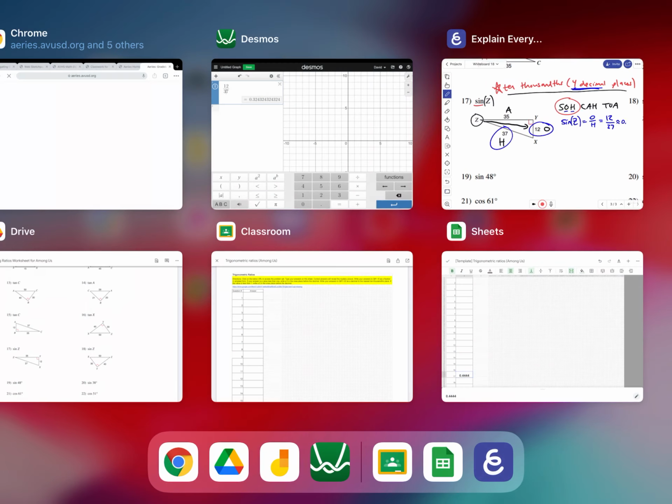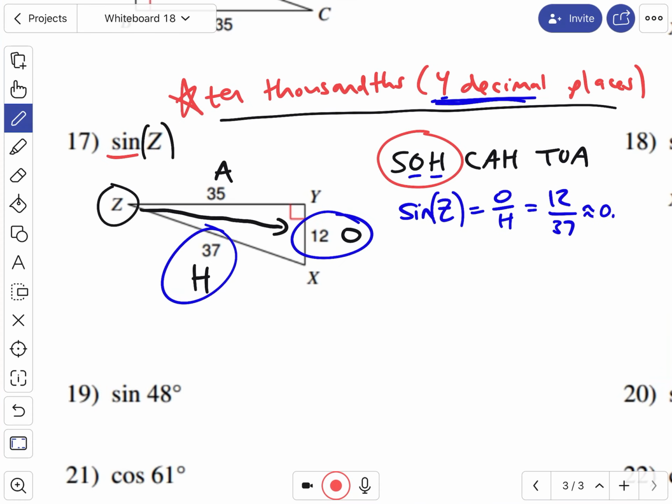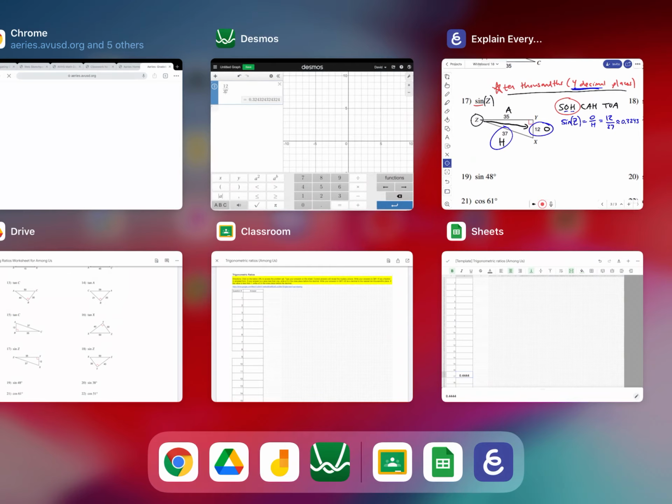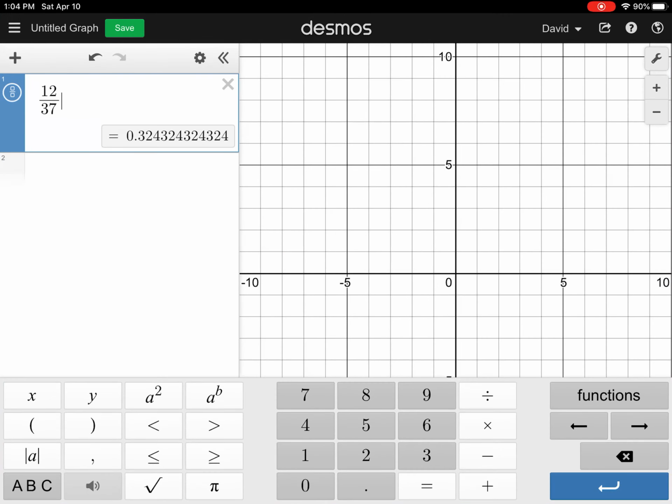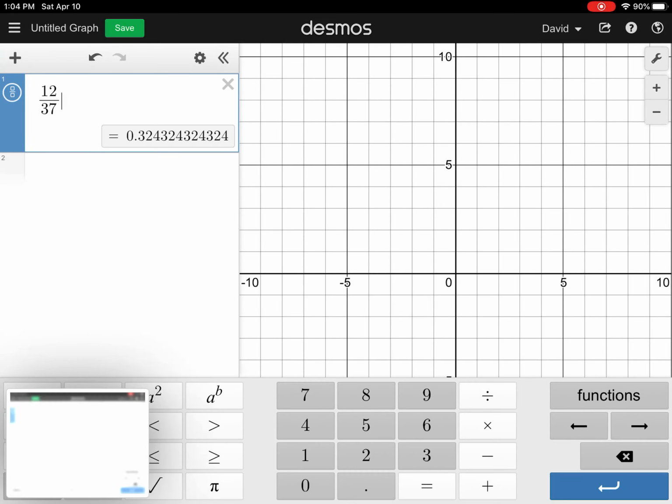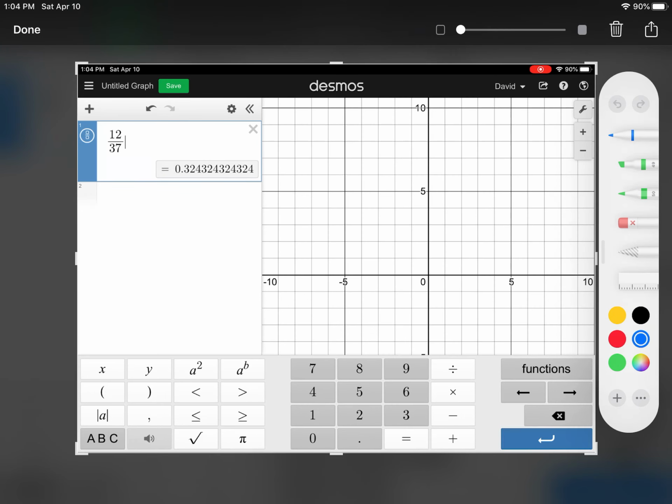Let's see. 0.3243. And I'm using these squiggly lines because it's an approximation since I'm rounding. Imagine if the number after the 4th decimal place was 5 or more, like if this 2 was a 5, this 3 would round up to a 4.